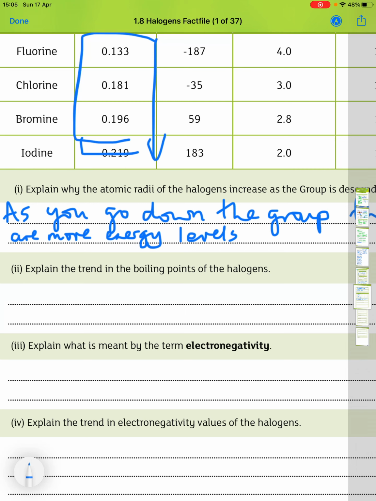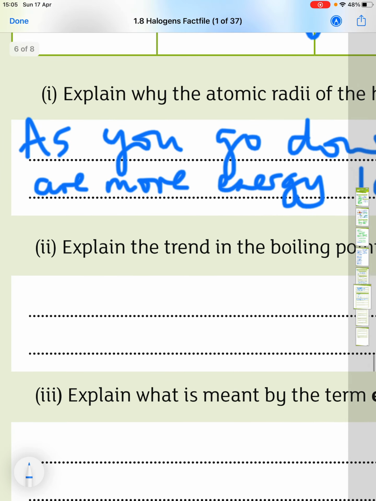Next is to explain the trend in boiling points of the halogens. So we're going to have to mention van der Waals here and an explanation of why the van der Waals increases as we go down the group.